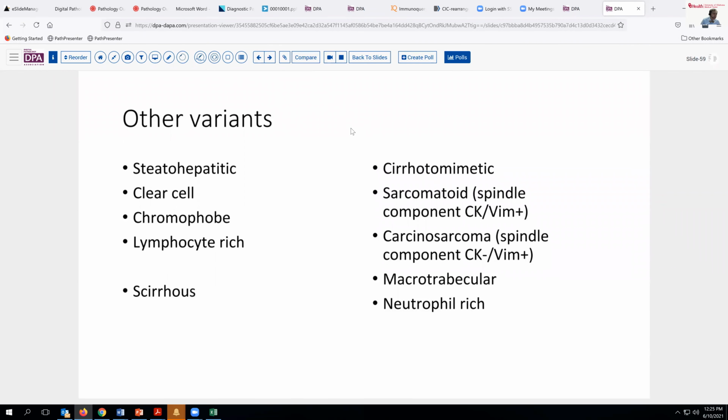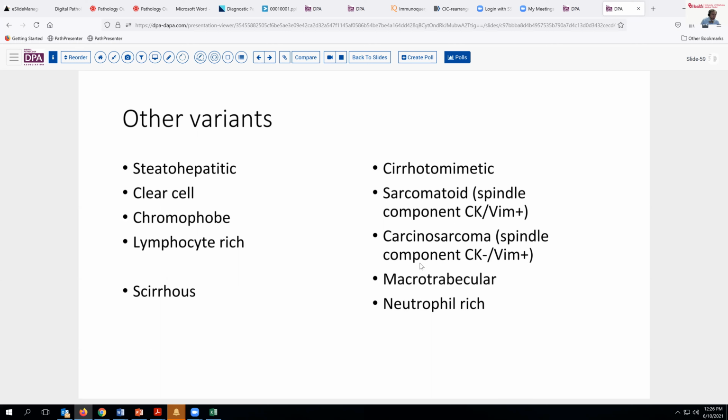All right, so other variants that you might see besides the conventional types could include steatohepatic carcinoma, clear cell variants. There's also a chromophobe variant, and so these are kind of finely nuanced. There's a lymphocyte-rich, scirrhous variant, and then these other additional variants, sometimes with sarcomatous or sarcomatoid changes, rather finely diced.